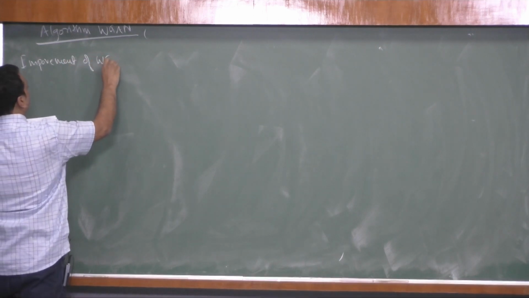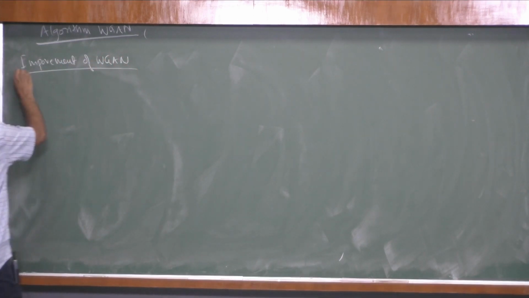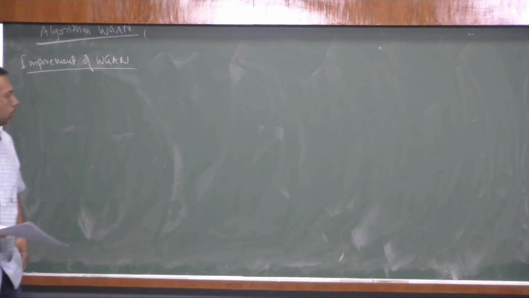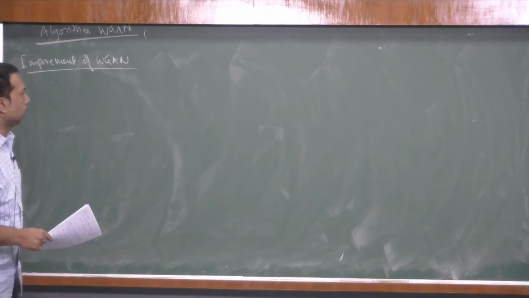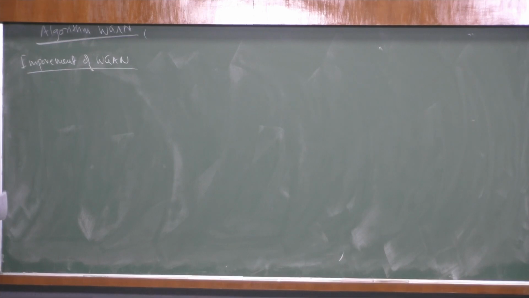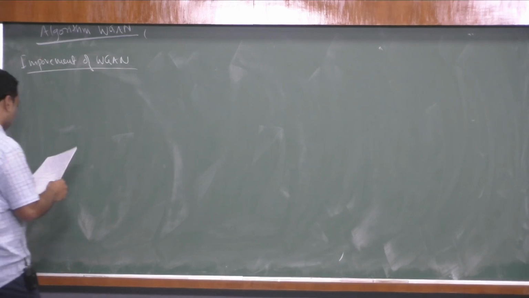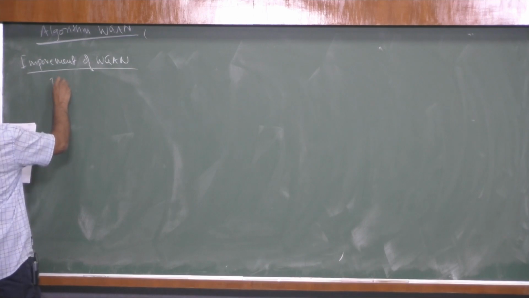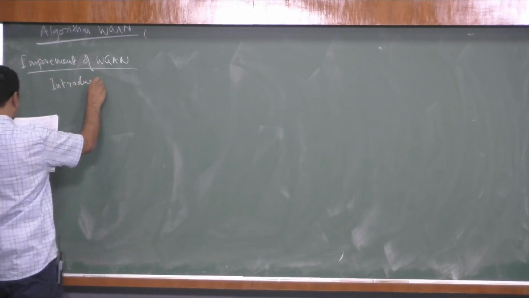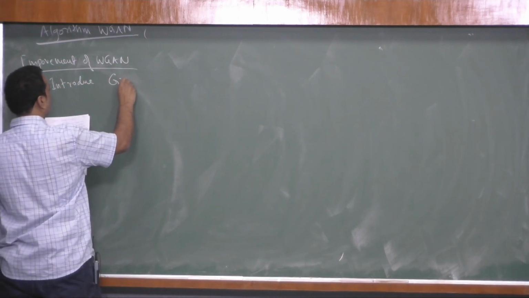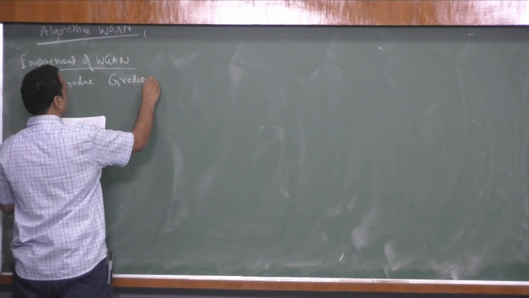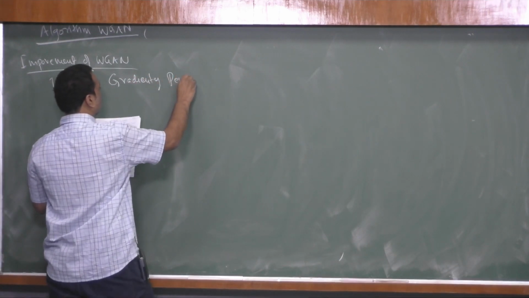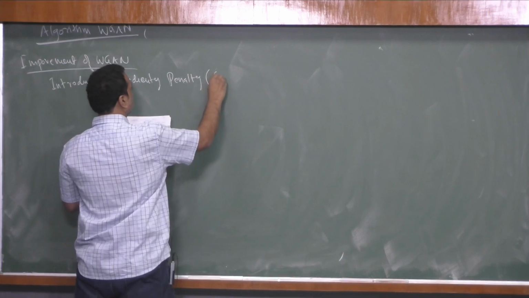This is the improvement of WGAN, so we are going right up to the latest thing one should do with WGAN. This is the most stable variant, with the gradient penalty, also called GP.